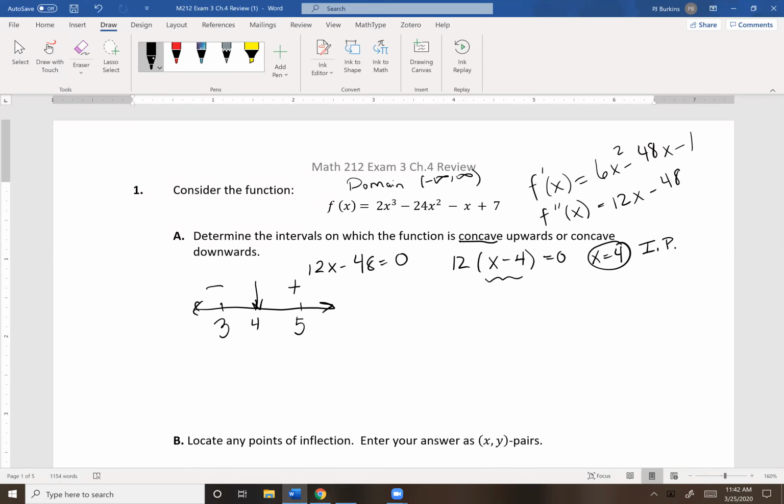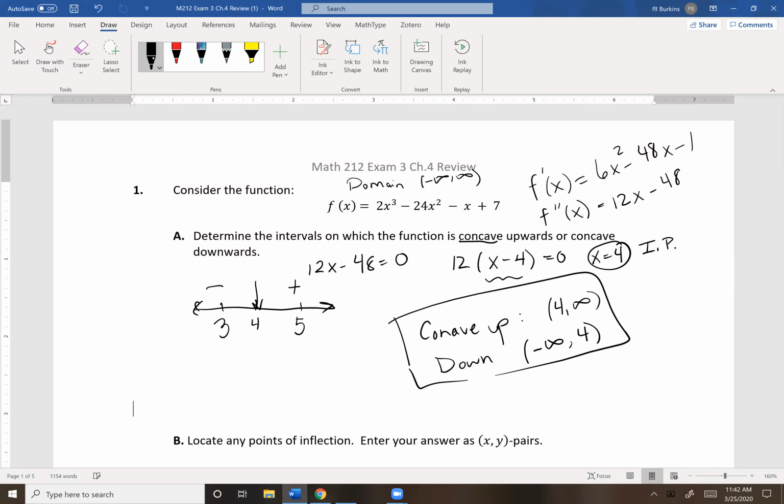So I am concave up from 4 to infinity and concave down from negative infinity up to 4.